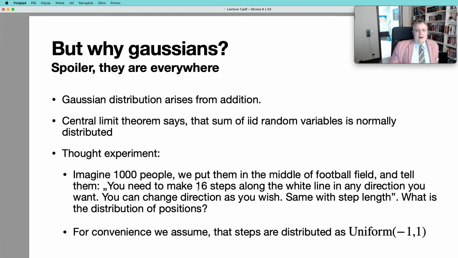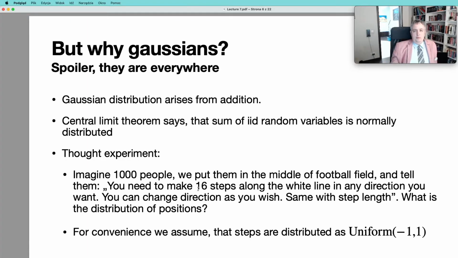So let's start with a very simple thought experiment. Let's imagine that we have a football field or any other sport field, and you get 1,000 people and tell them, okay, you stand in the middle and then move randomly in any direction, no more than 1 meter.